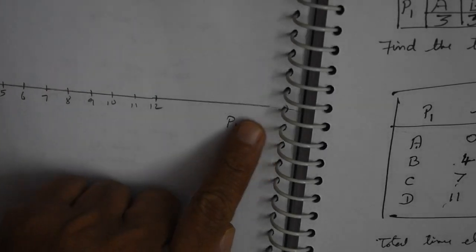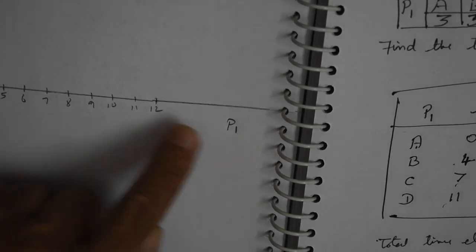I have drawn a graph here with a proper scaling. Let us assume the x-axis as P1 and the y-axis as P2. I am going to take the in and out timings of each machine of product 1.